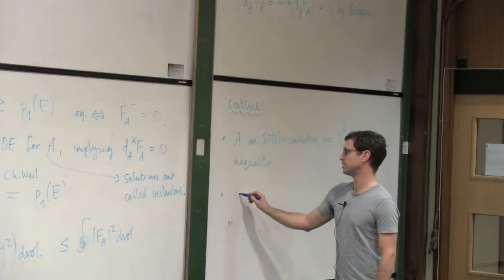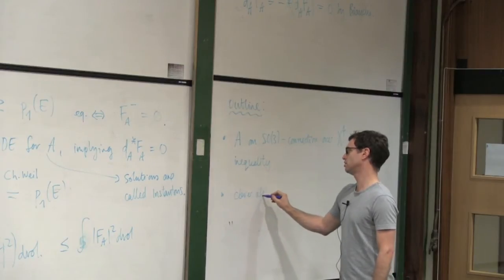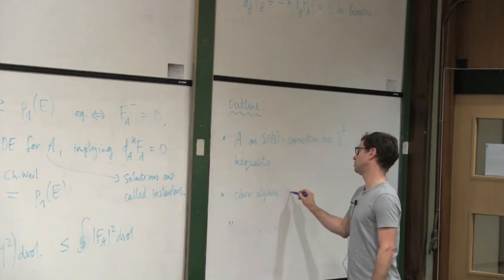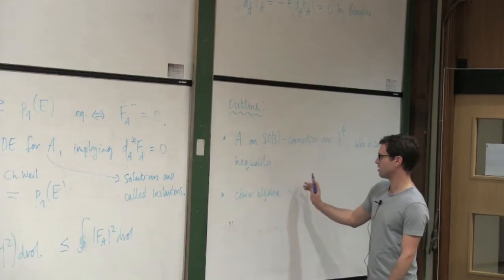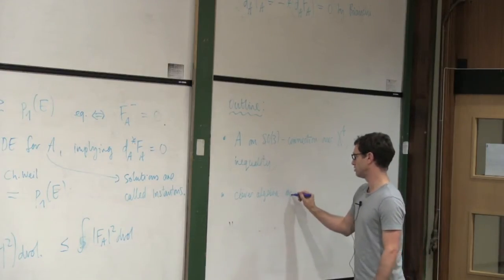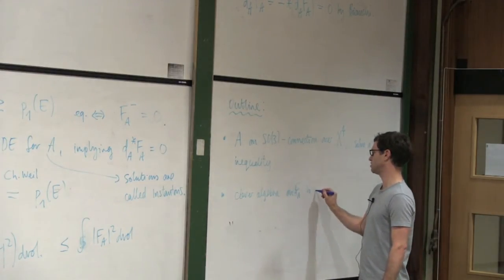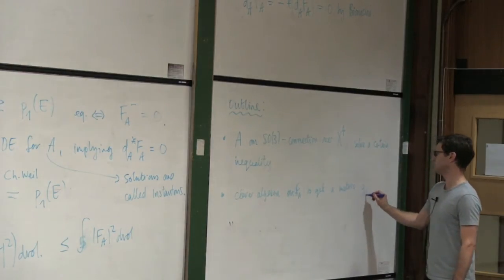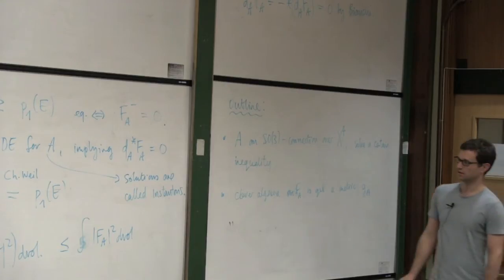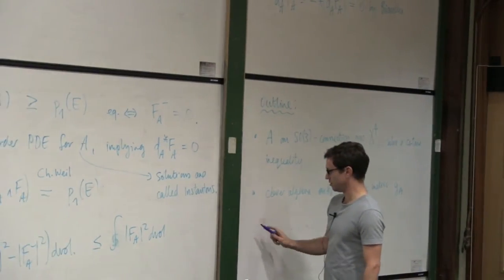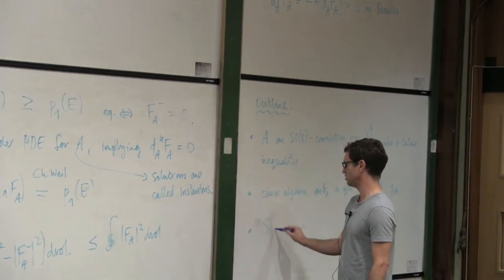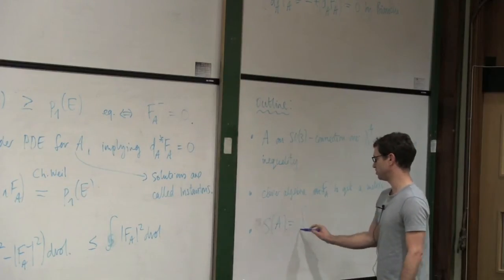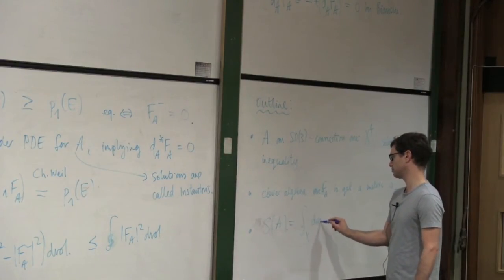And then we're going to do some clever algebra on the curvature to get a metric, an actual genuine Riemannian metric, g_A. Then we're going to write down an action, which will just be the volume of this metric.